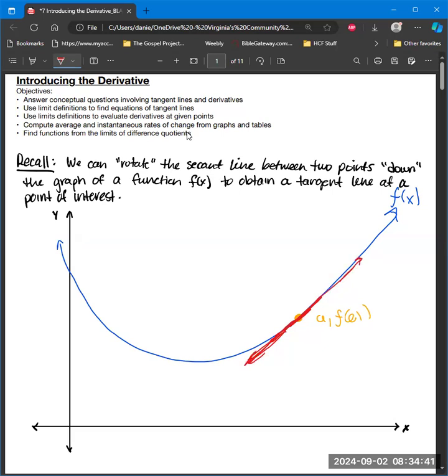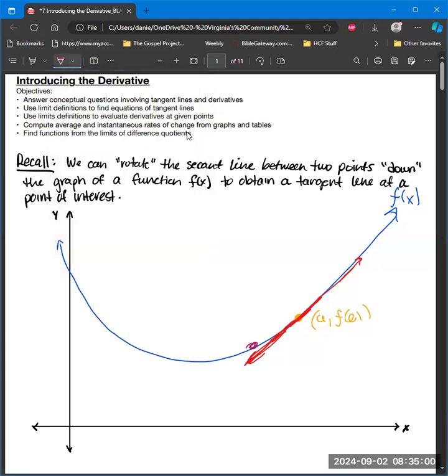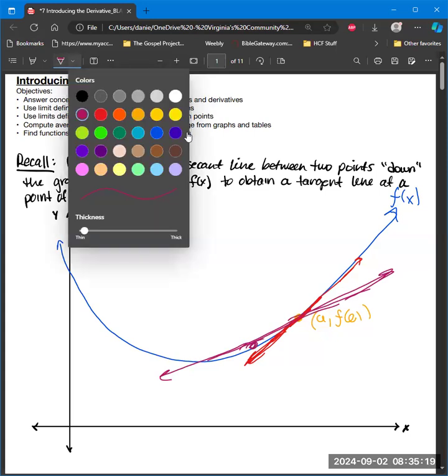And so we had this process where we approximated the slope of that red tangent line by picking some points that were close to it, getting a secant line like so, and then getting a secant line that maybe was a little closer to it, like this.